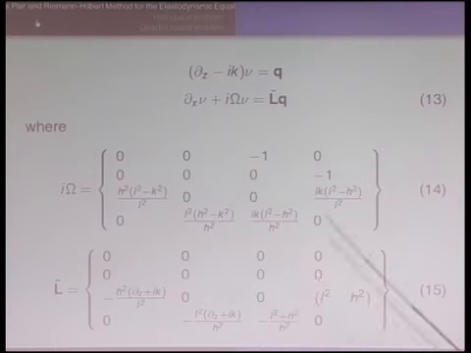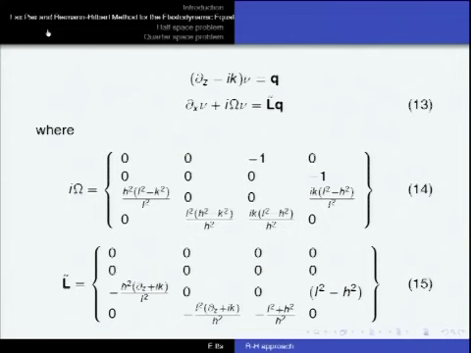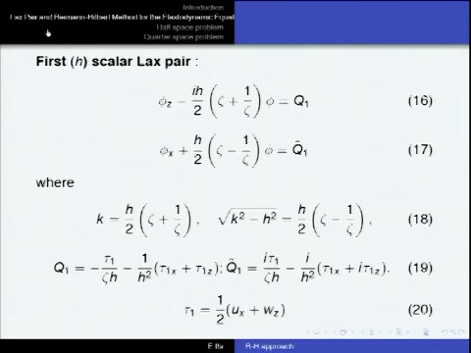And then there are some simple tricks how to work with this Lax pair. We start first diagonalization, normalization, and then uniformization. And as a result, this matrix Lax pair is split into 4 scalar Lax pairs, but only 2 of them are really independent.